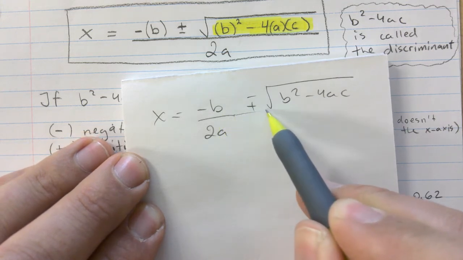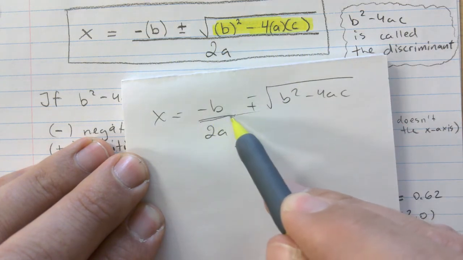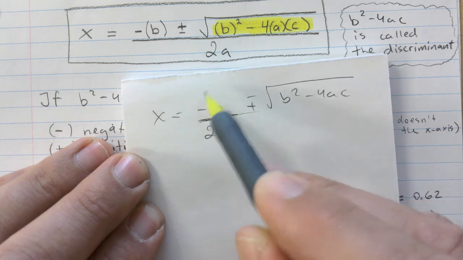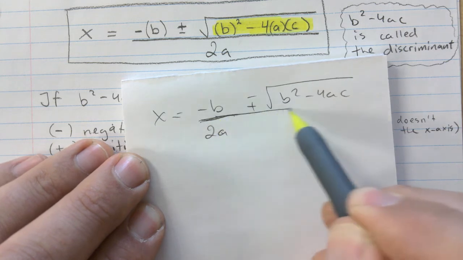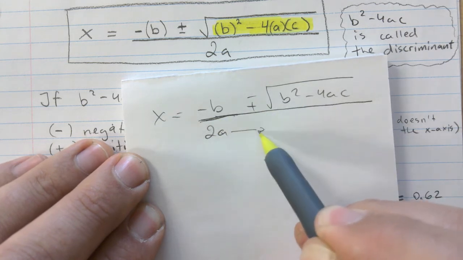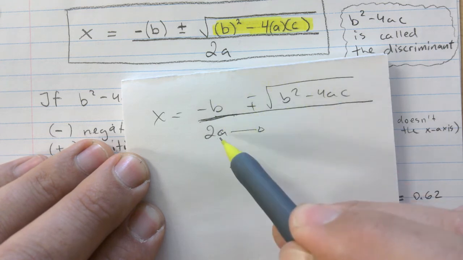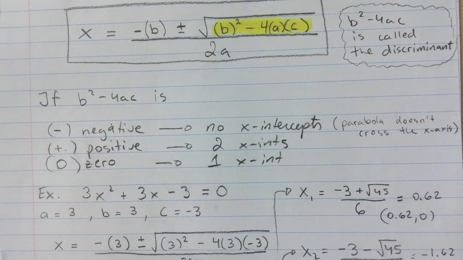For some reason, this line that I clearly make sure goes from end to end, all of a sudden it's just here, and it doesn't make it all the way through. The 2A is going to divide everything that's on top, okay? So you got to make sure you move this to the middle and say, whatever happens at the top, I'm going to divide it by 2 times A, okay? Very common mistake. So just watch out for that.